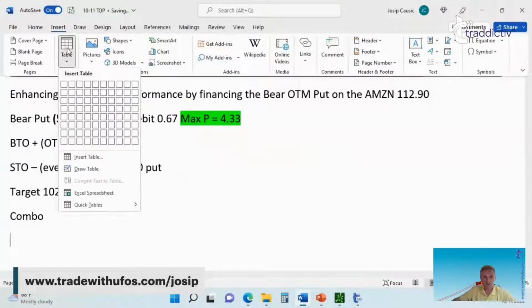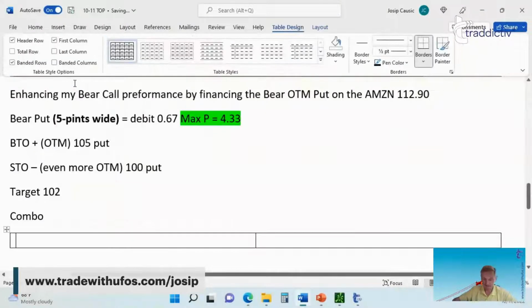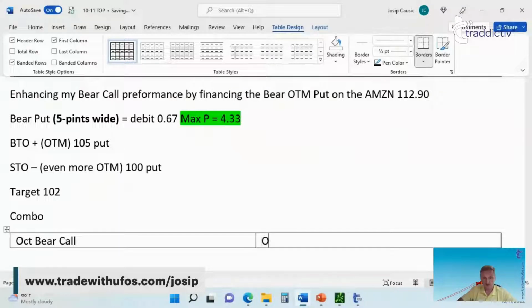What they mean by the combo trade is that I have here the October bear call, and over here I have the October bear put. Of course we're talking about Amazon, so I don't need to put any of these words. Over here my bear put is a debit of 67 cents.